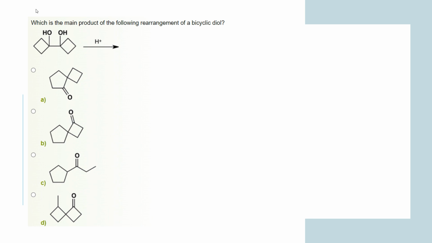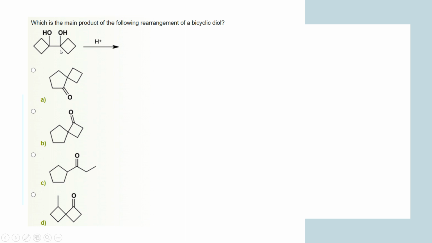Okay, so what happens first? We have already discussed the mechanism. This one, since it is symmetric, any of the hydroxyl groups you can protonate first. Okay, and it will immediately undergo dehydration. The good leaving group, which is water molecule, will leave, and you will get a tertiary carbocation here.